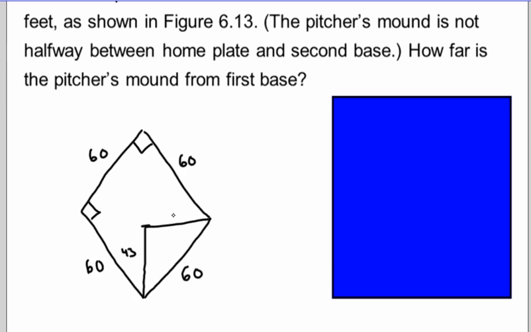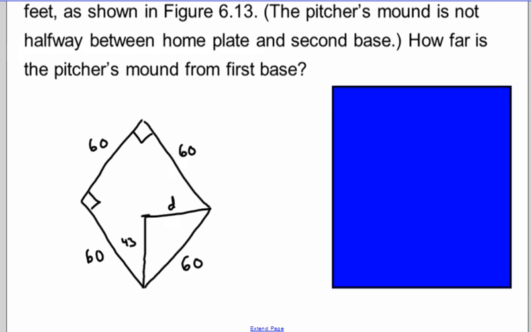Let's call the distance we want D. We do know this is 43, and we know this is 60. If we knew this angle right here, we could use the law of cosines to find D. So now it's about trying to figure out these angles in here.